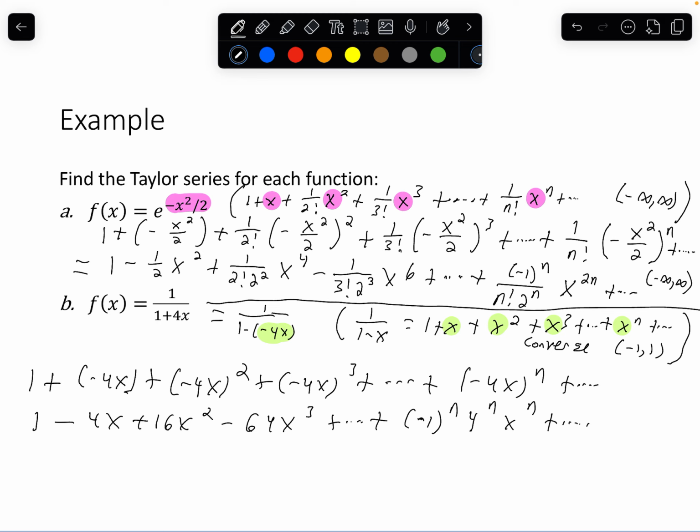So we could also find the new interval of convergence. The original one was between -1 and 1 for the value of x.